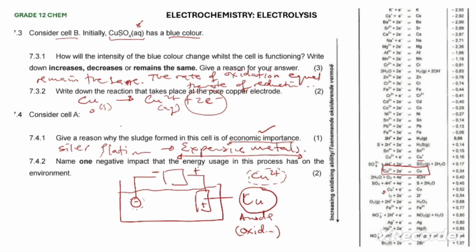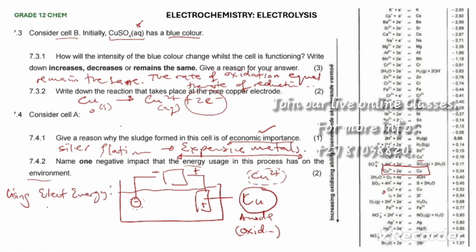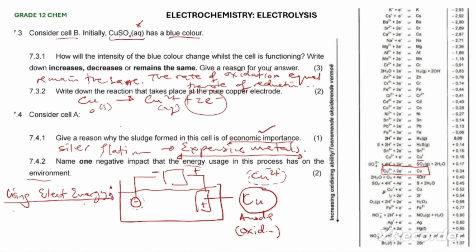Give one negative impact that the energy usage in this process has on the environment, right? The electro refining or electroplating in general, we are using electrical energy. So let me try to write that again. Using electrical energy. And in most cases, for us to actually get this energy, that leads us way back to the burning of coal.